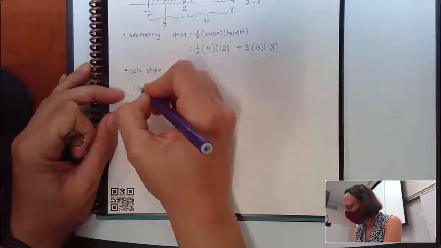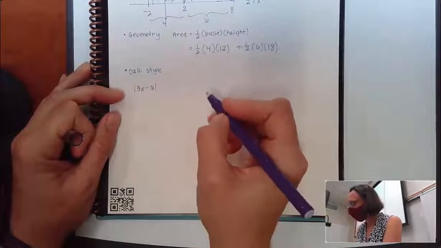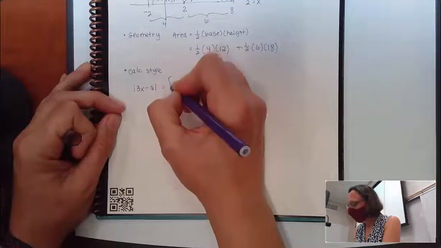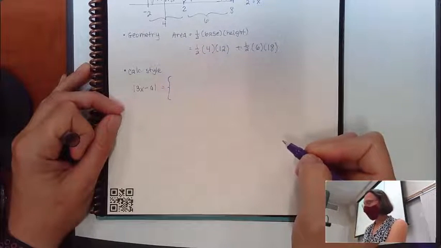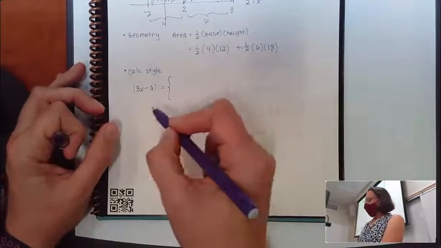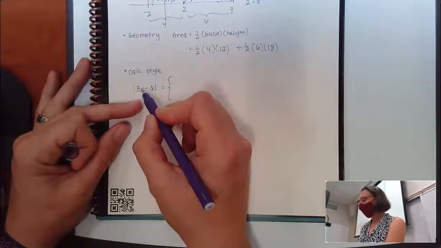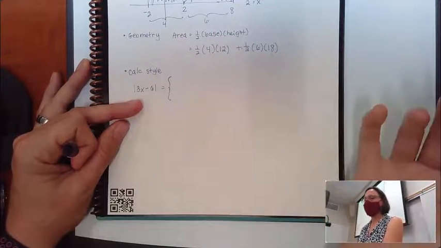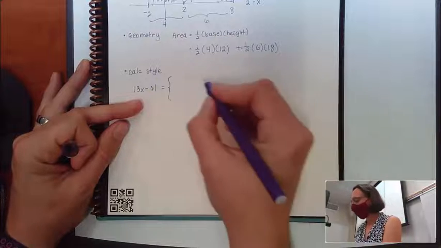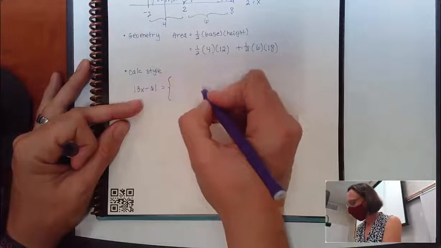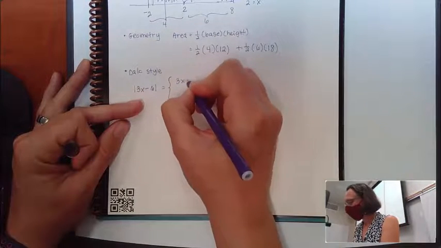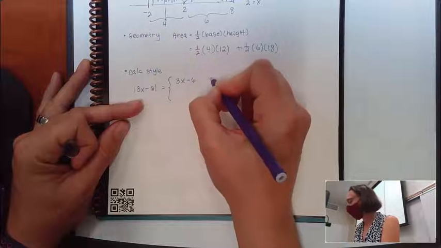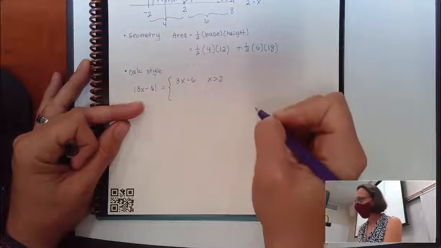So if x is greater than 2, then what's inside the absolute value is already positive. So we don't actually need the absolute value anymore. So this would just be 3x minus 6, anywhere that x is greater than 2.